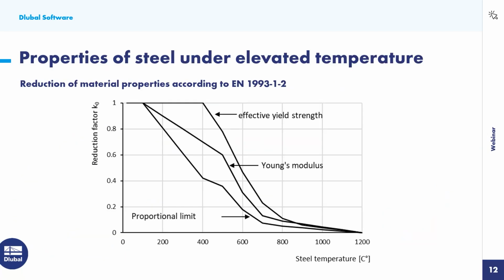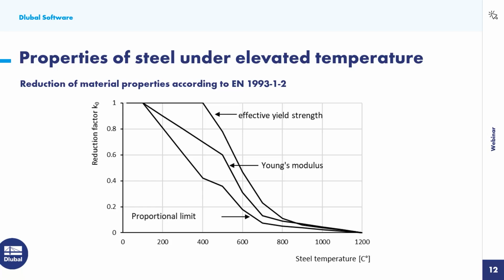According to Eurocode 3 Part 1.2, design-relevant material parameters such as the yield strength and stiffness must be reduced depending on the material temperature. The yield stress only has to be reduced at temperatures above 400 degrees Celsius, but then quite rapidly, as you can see here. The stiffness already decreases at significantly lower component temperatures.